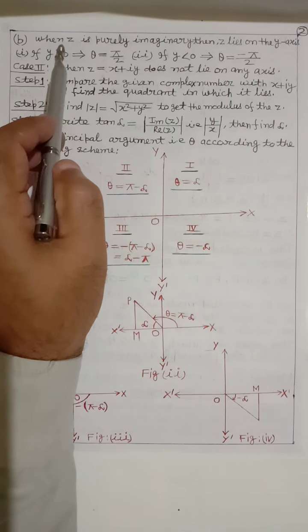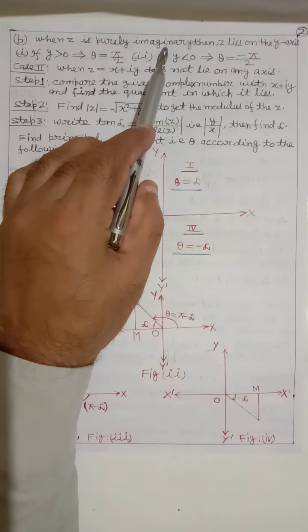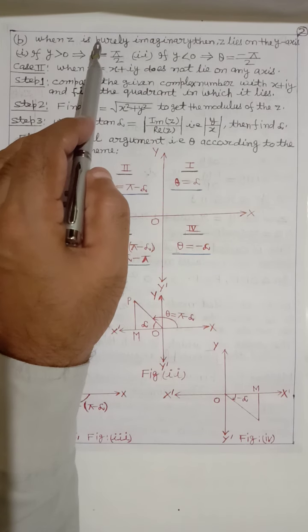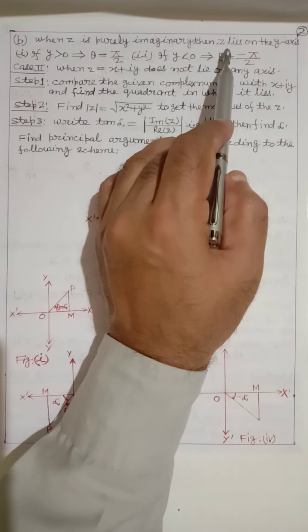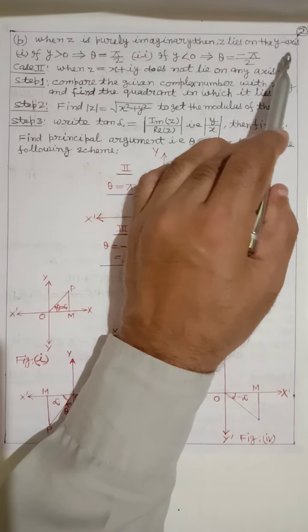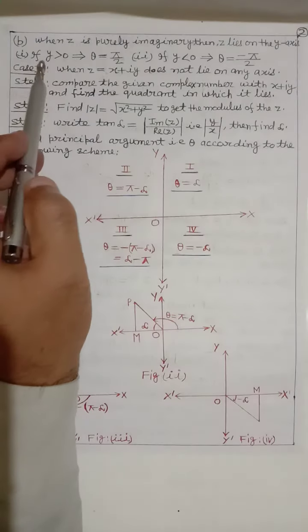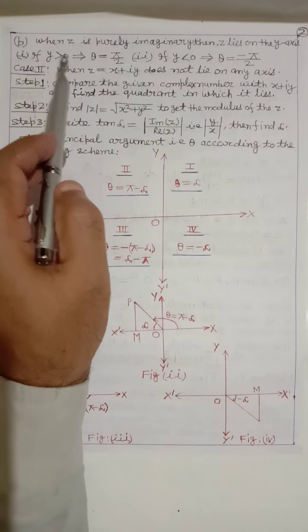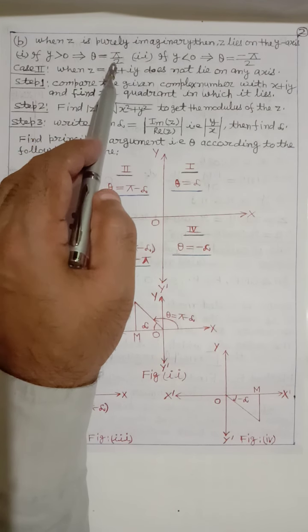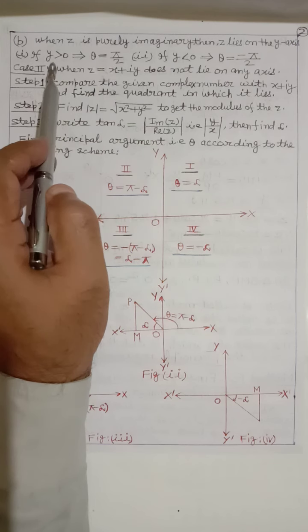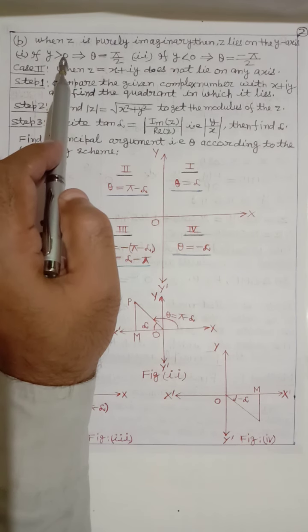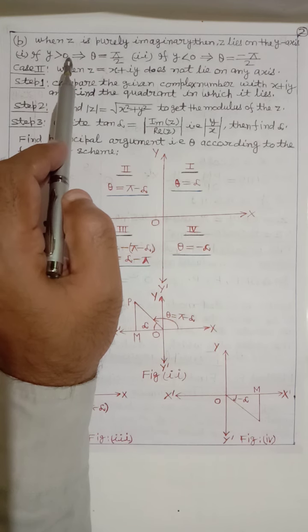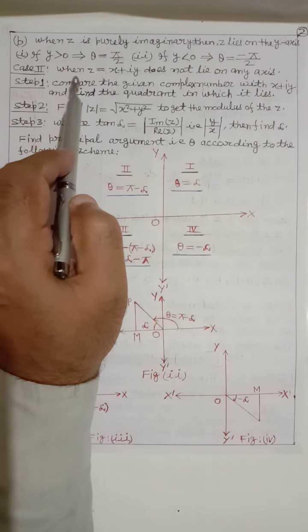B. When z is purely imaginary. Purely imaginary means the real part is 0, in that case z lies on the y-axis. If y greater than 0, it implies that theta is equal to pi by 2. Here y greater than 0 means z lies on the y-axis and above the x-axis.